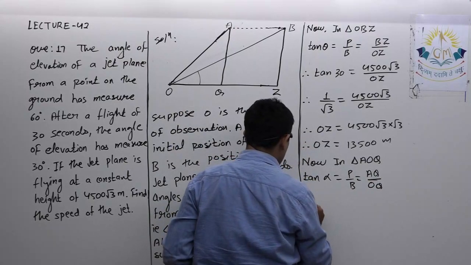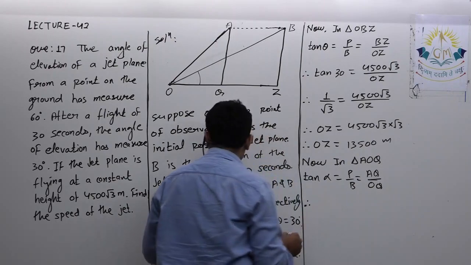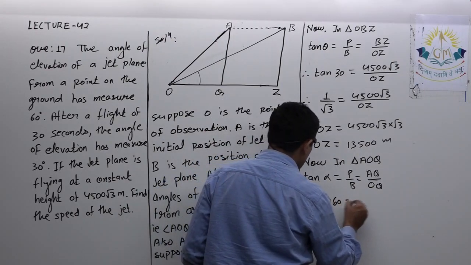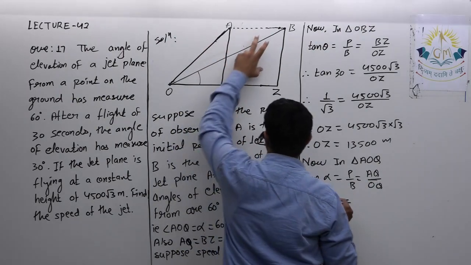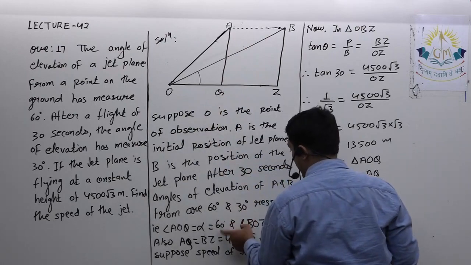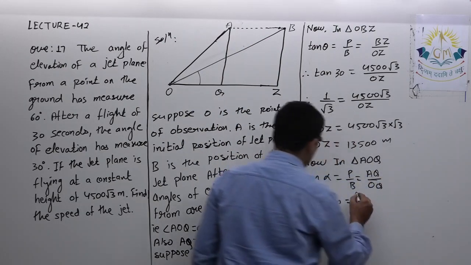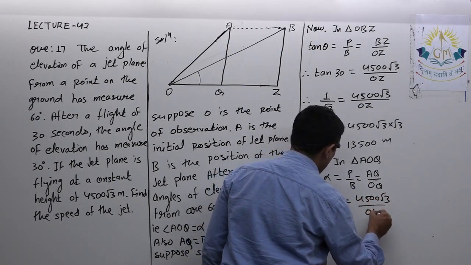Therefore, alpha is 60 degree, that is tan 60 is equal to, now AQ is actually height of the jet plane, that is equal to 4500 root 3 upon OQ.